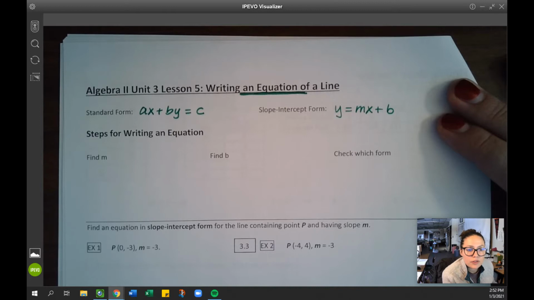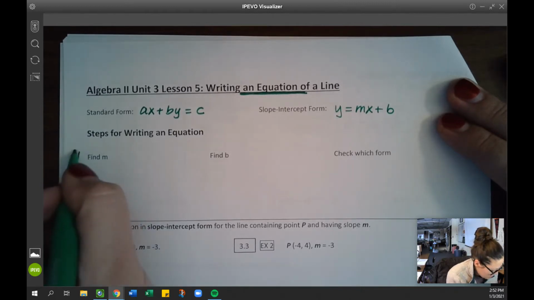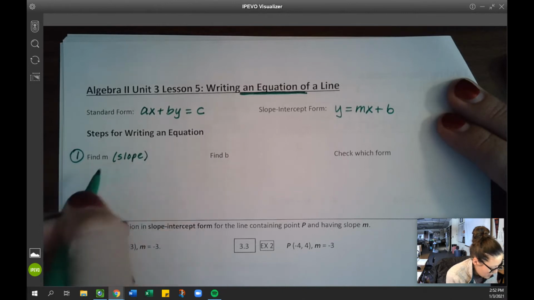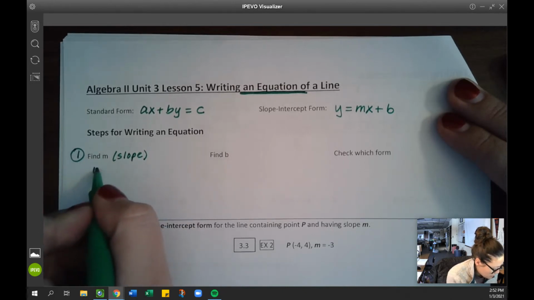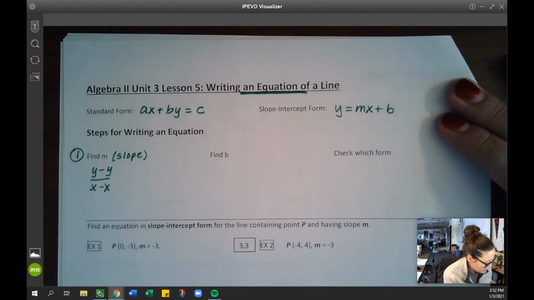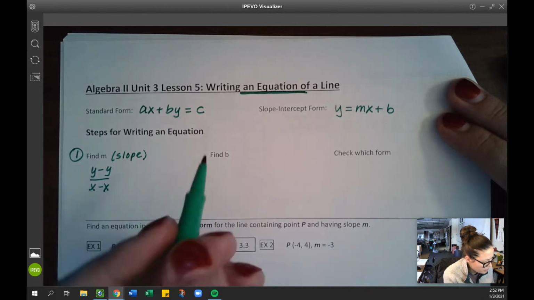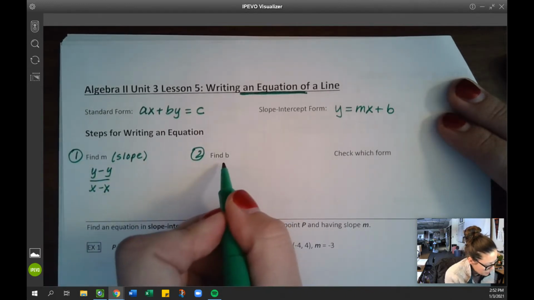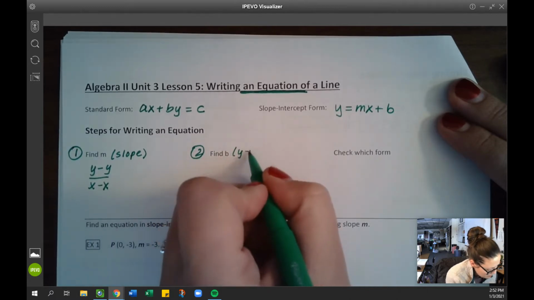All right, so the first thing that you need to do is to find m, or the slope. And we would do that by doing change in y over change in x. The second step would be to find b, which is our y-intercept.